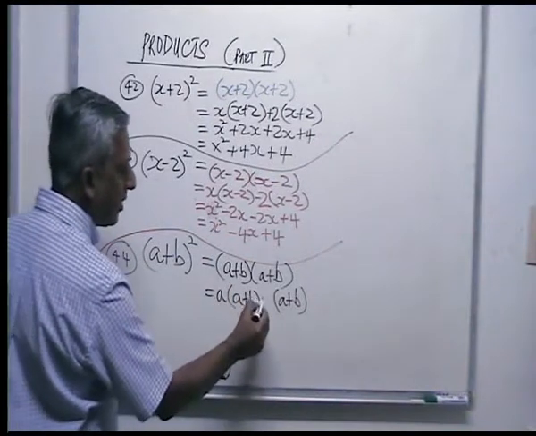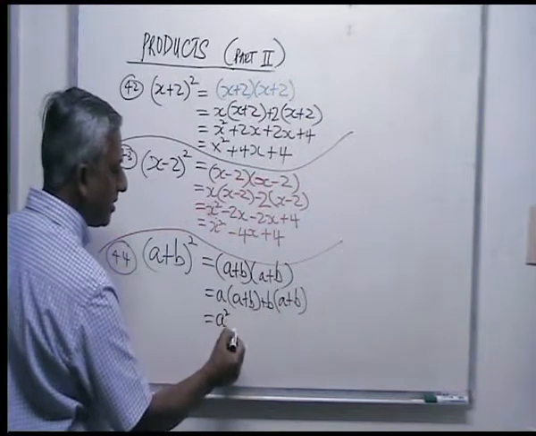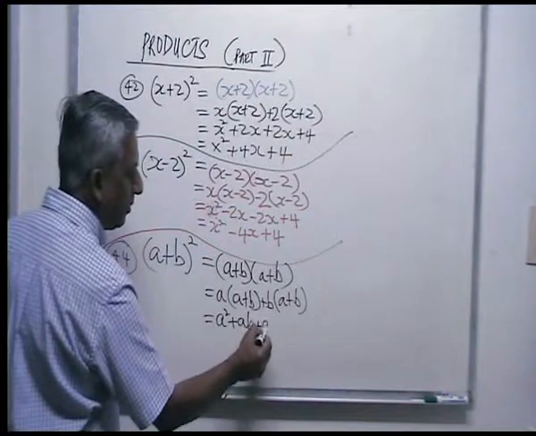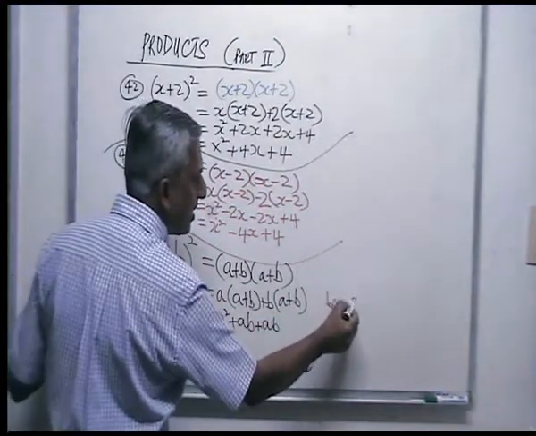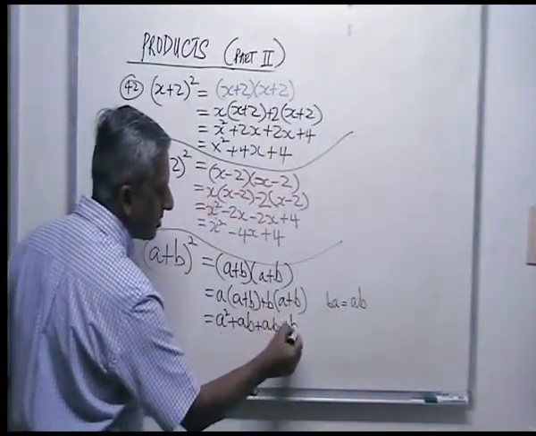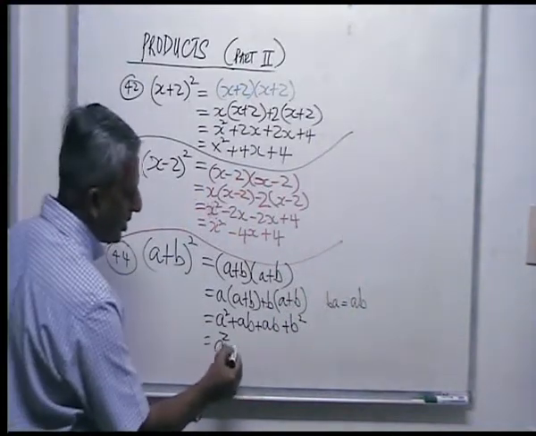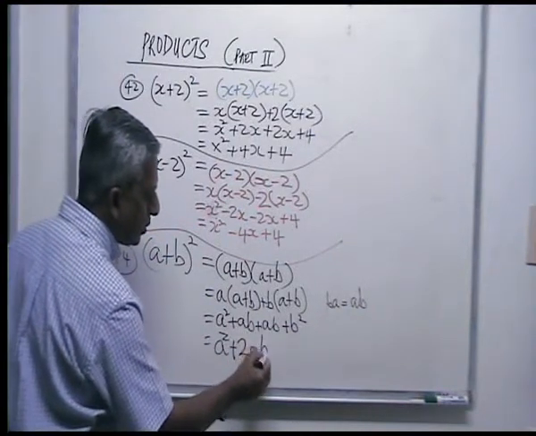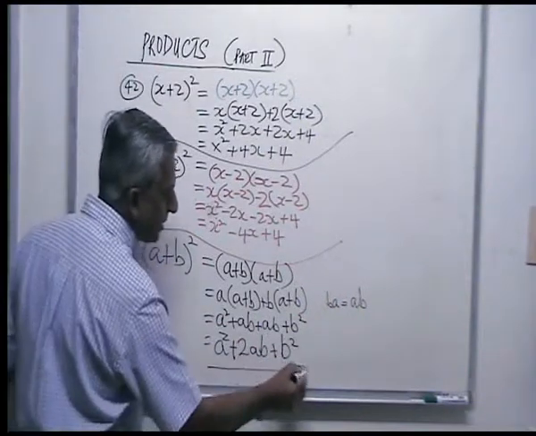Here you have a, here you have plus b, and that gives you a squared ab. ab, see b times a, again it's ba, which is the same thing as ab. So that's ab plus b squared. And that finally gives you a squared plus 1a plus 1a gives you 2ab plus b squared. Right.